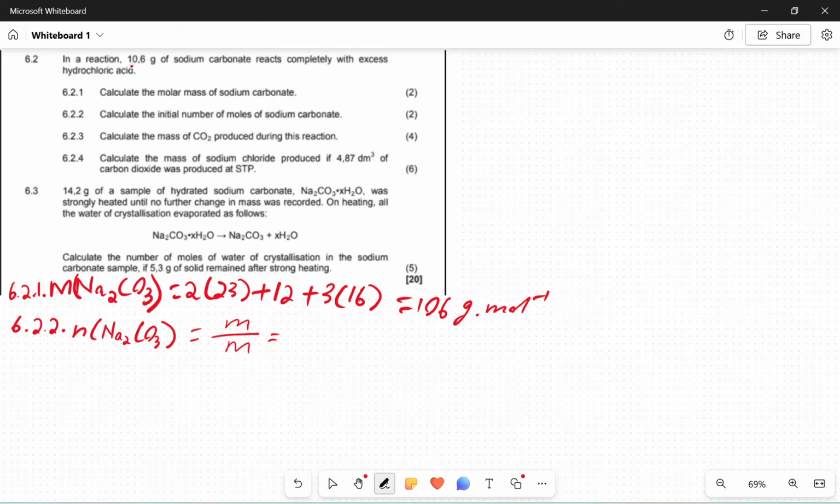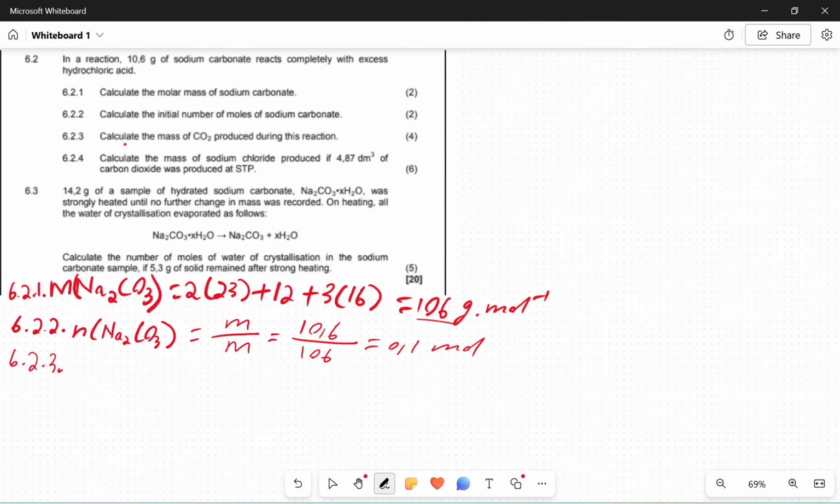Here it has been given that it's 10.6 grams of sodium carbonate. So I'll say 10.6 divided by the molar mass, which I just found here, and that is 106. What is my answer? The answer I get when I say 10.6 divided by 106 is 0.1 moles.